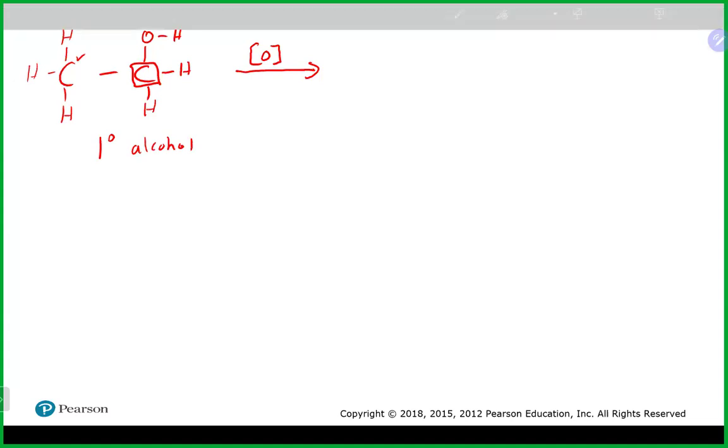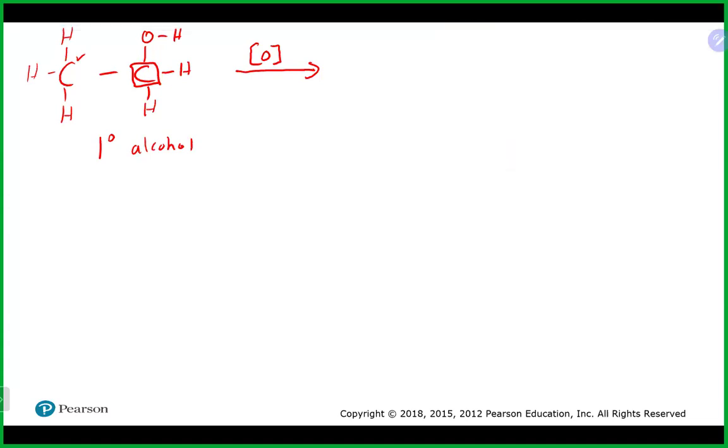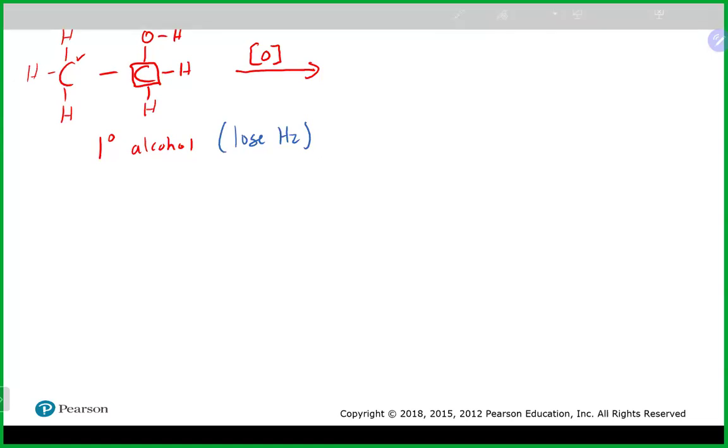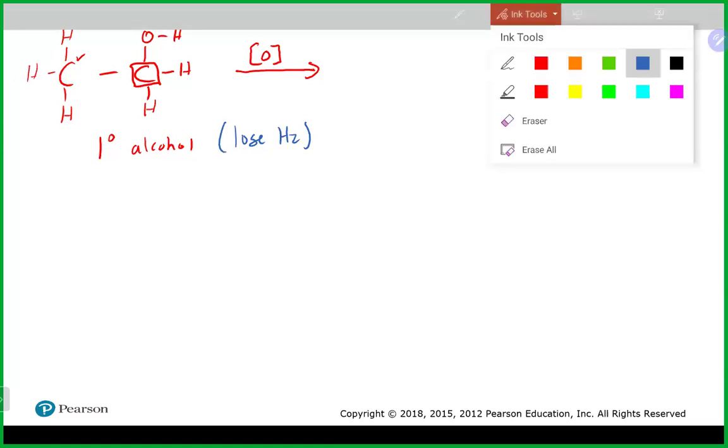So when a primary alcohol goes through an oxidation reaction, it will basically follow the definition of oxidation: it will lose H2. So it's going to lose hydrogen. Now, how does it lose hydrogen? Well, the way it loses hydrogen is always this way.